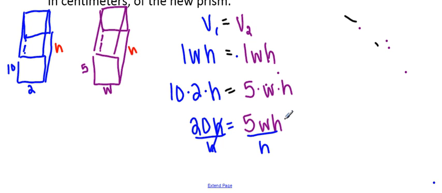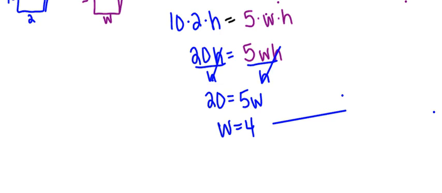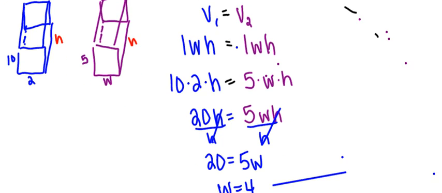And when I do that, I find that 20 is equal to 5 times the width of our prism, making the width of our prism here equal to 4. And the dimensions that were given to us in this question, I think were centimeters, but I'm going to go back, double checking just to make sure. Yes, it was. So Tim wants the width of this new prism to be equal to 4 centimeters.